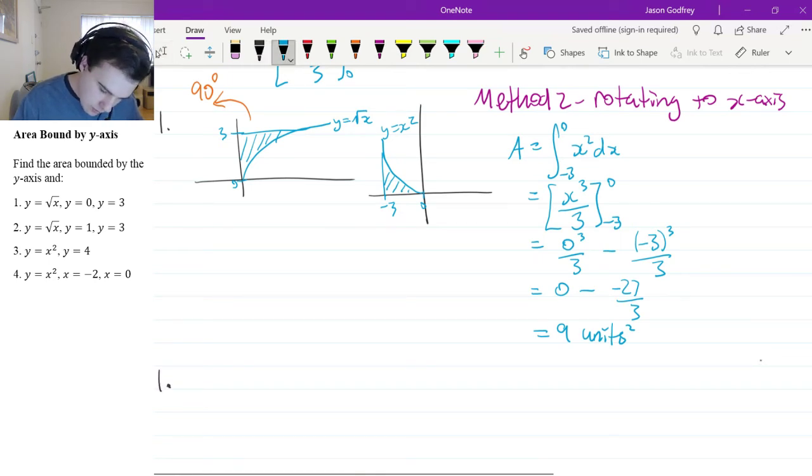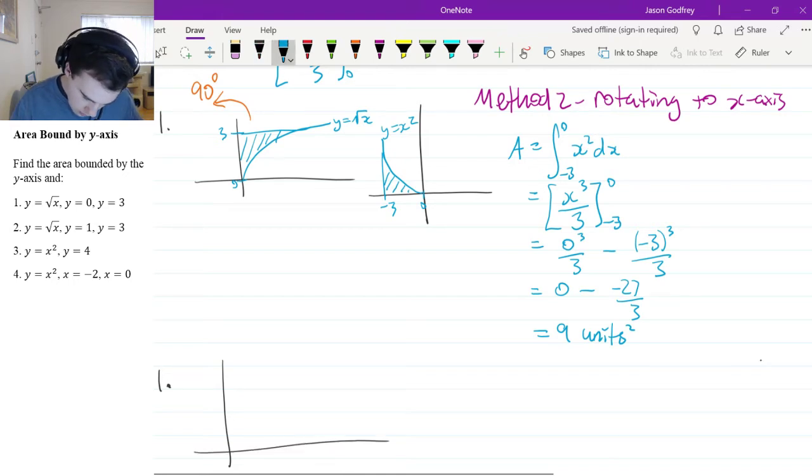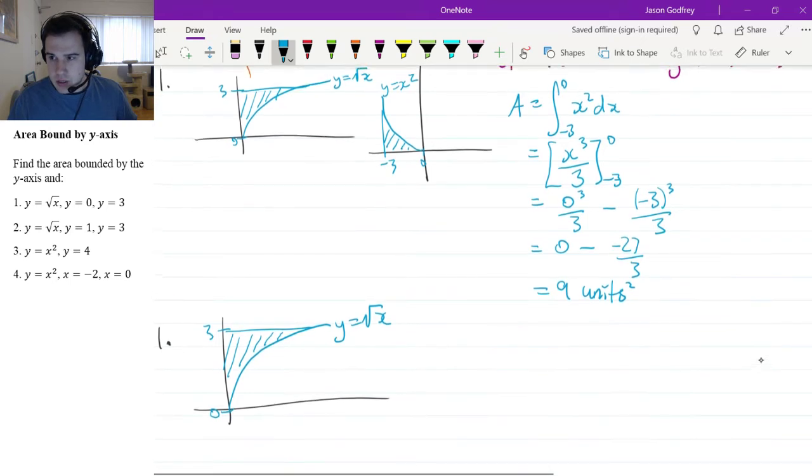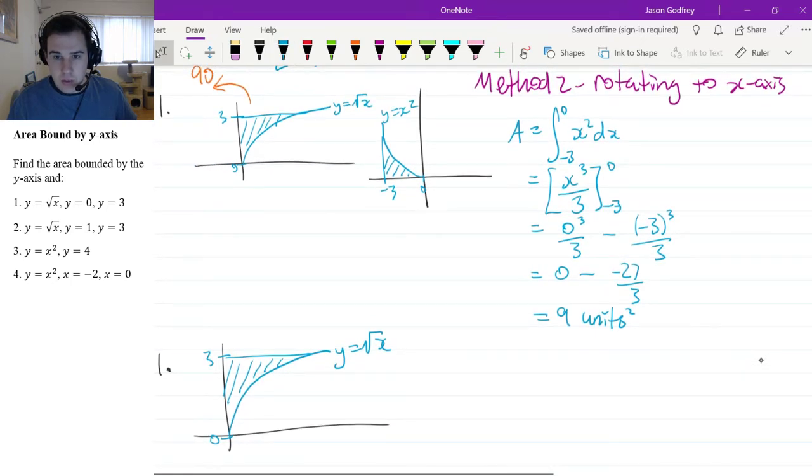Now, like I said, I was going to do 3 different methods of the same problem. So again, I will draw up the diagram. Just like we can integrate with respect to x with stuff bound on the x-axis, we can actually do the same thing with integrating with respect to y when we've got values on the y-axis.